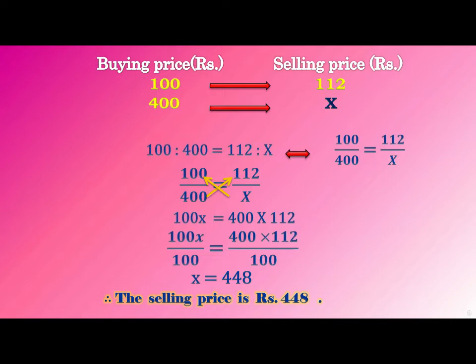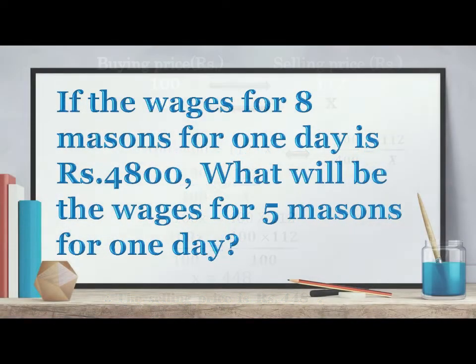Divide both sides by 100, then you get the answer x equals 448. Therefore, the selling price is 448 rupees. The fourth example.